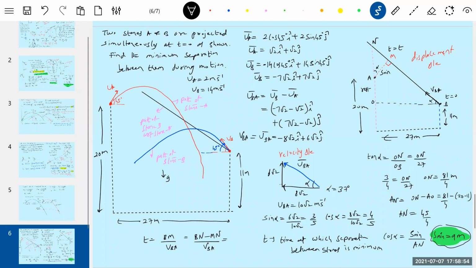Anybody calculated T time? Nobody. I think I had to calculate.